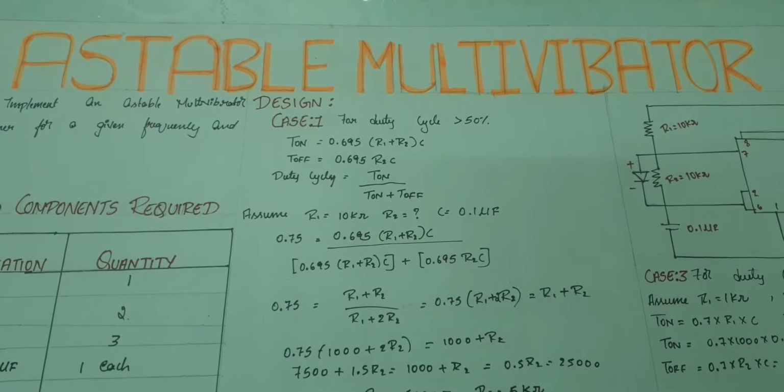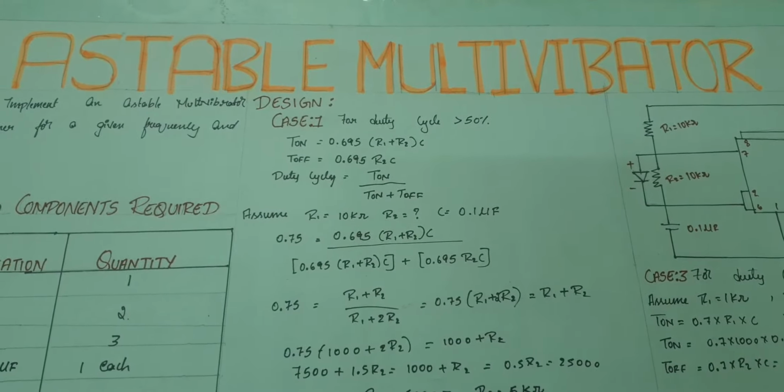The formula to find T on is 0.695 into (R1 plus R2) into C, where C is my capacitance, R1 and R2 are my resistance values. T off is equal to 0.695 R2C. The duty cycle is calculated by T on divided by T on plus T off.